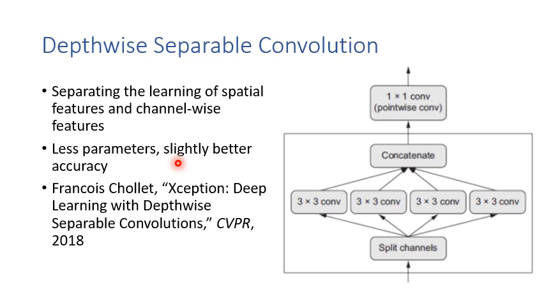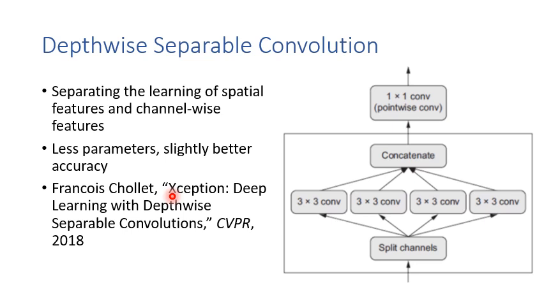Using this approach, we can have much fewer parameters, and even slightly better accuracy. It was proposed by the Keras author, the author of our textbook, Francois Chollet. Chollet published a paper at CVPR called Xception: Deep Learning with Depthwise Separable Convolutions. The idea comes from Inception, the one-by-one filter.